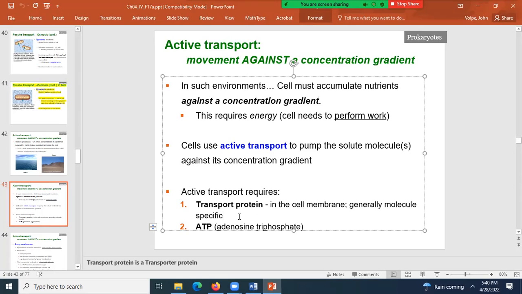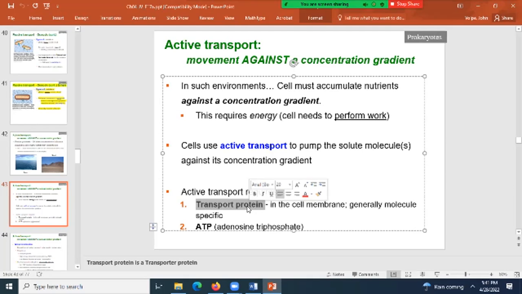And for those of you who know a little bit about drugs, we can have drugs that mimic the molecule the transport protein is supposed to transport.